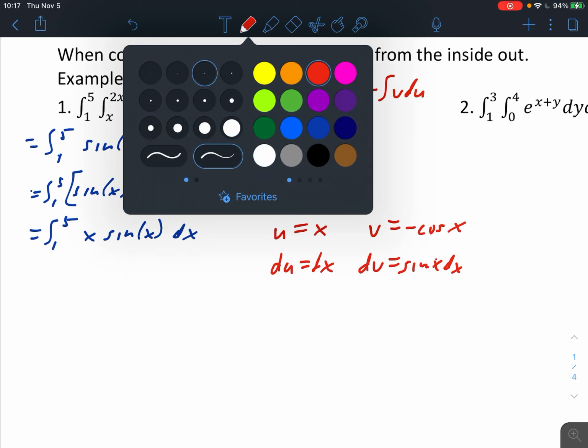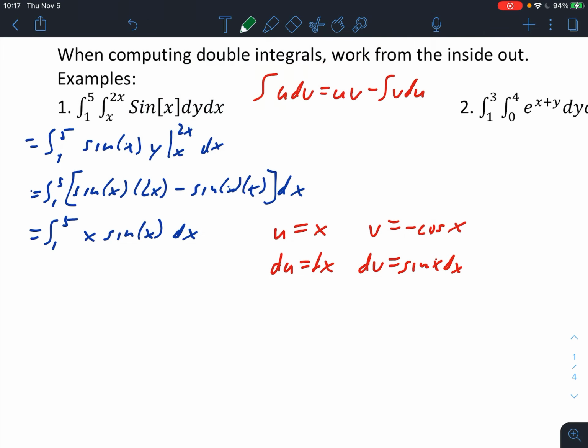So now we can rewrite our integral as uv, so it would be negative x cosine x minus the integral from 1 to 5 of v du. So minus negative cosine x, which we change to plus cosine x because of the minus out in front, and then du is just dx.